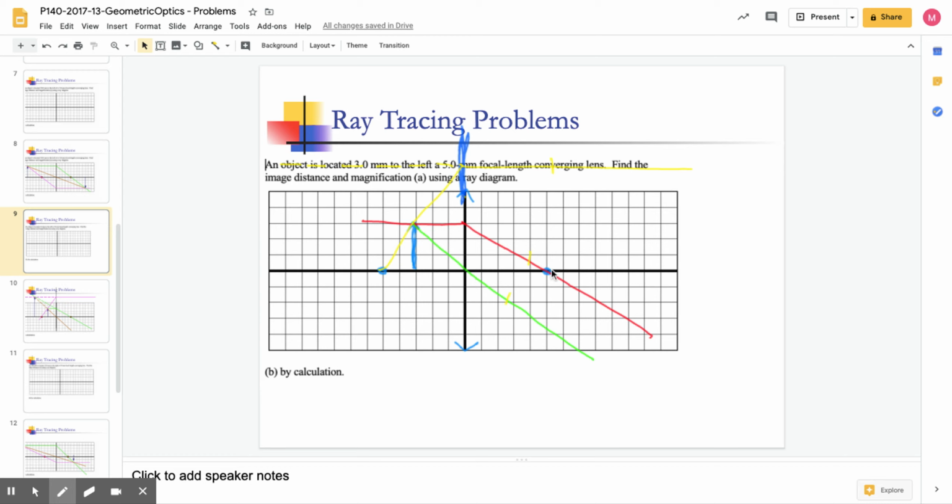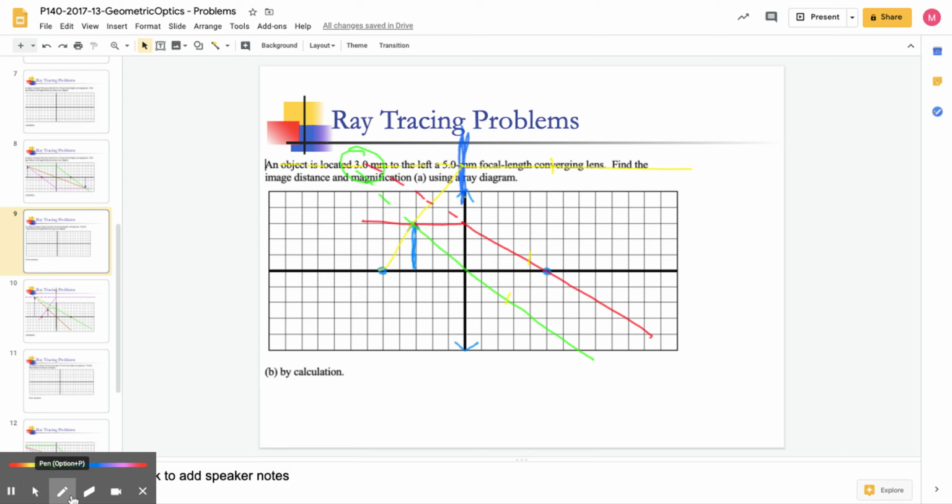This yellow one was the image space ray. I'm trying to keep the same slope here. And then the green one, I'm going to project that back too. I don't have it exactly right, but you can see they're going to meet somewhere there.